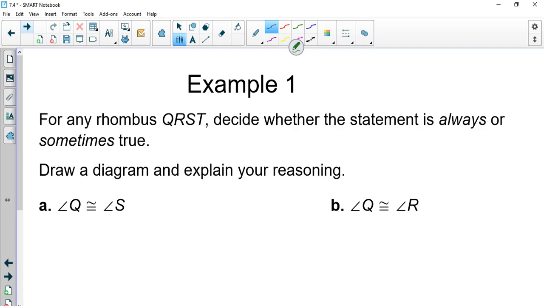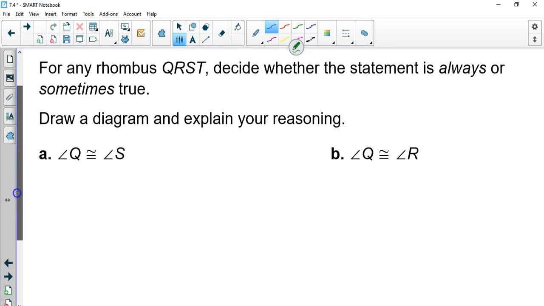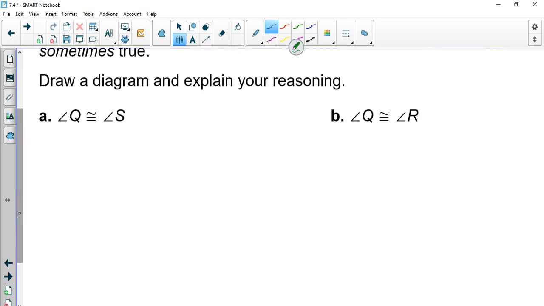Okay, so for any rhombus QRST, decide whether a statement is always or sometimes true. Well, what you want to do is just draw a rough rhombus. So I'm going to try to make this so it looks like these sides are all equal. Not the best job, but so there's a rhombus because they're all equal. We're going to label it QRST as we go around it.